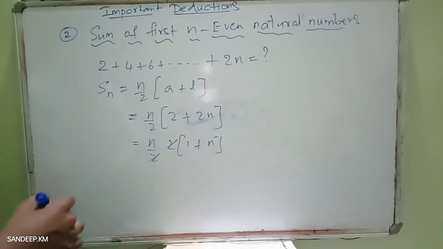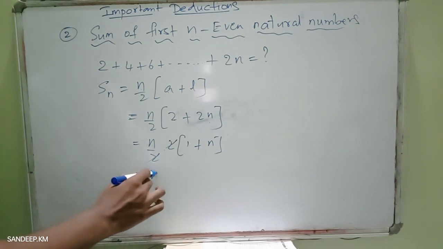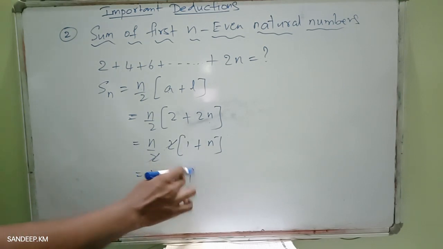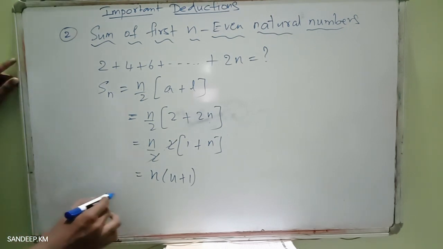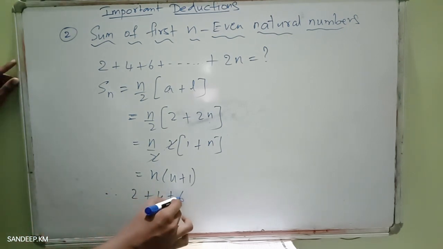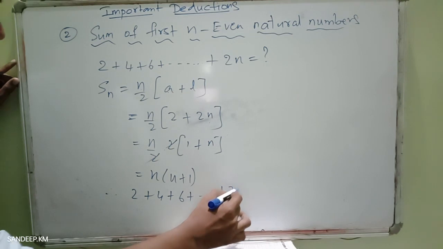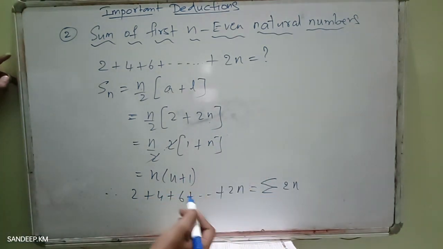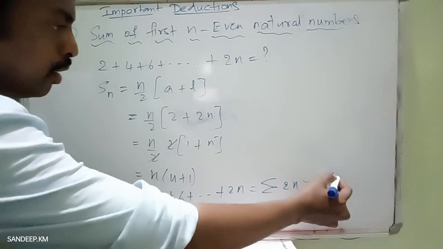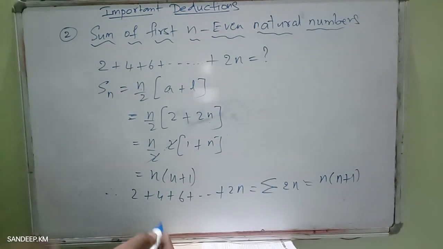The 2 and by 2 will get cancelled. It is n into n plus 1. Therefore, 2 plus 4 plus 6 and so on up to 2n, which can also be written in short form as sigma 2n, is equal to n into n plus 1.